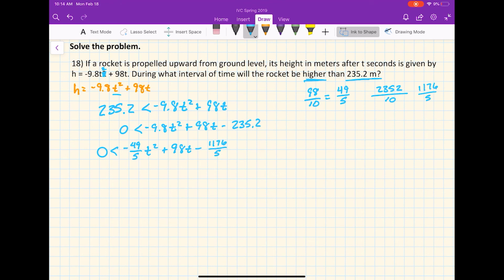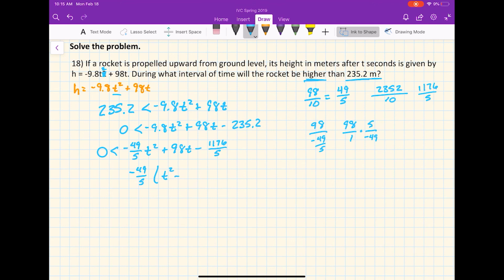So now let's see if 49 fifths factors out of this nicely. Here's hoping. So t squared plus, actually it's going to end up being a minus. So let's see, 98 divided by negative 49 fifths. Can't do that one in my head, so we'll do 98 over the negative 49 fifths, which turns into 98 over 1 times 5 over negative 49.